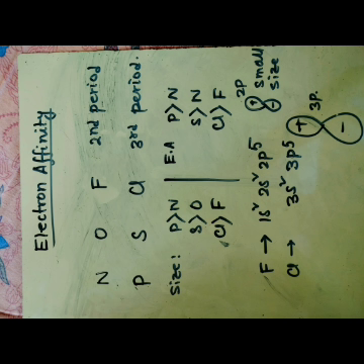Therefore, after adding one electron, the electronic configuration is more stable than fluorine minus, oxygen minus or nitrogen minus. Therefore, the electron affinity of chlorine is more than fluorine, the electron affinity of sulfur is more than oxygen, and similarly the electron affinity of phosphorus is more than nitrogen.